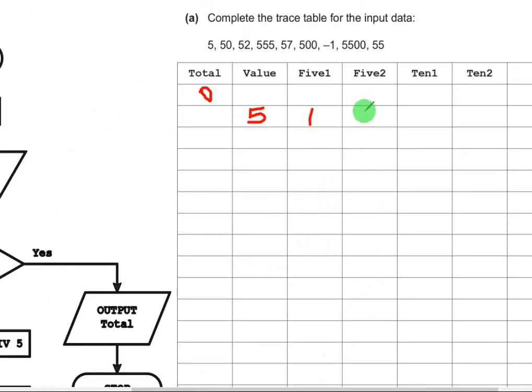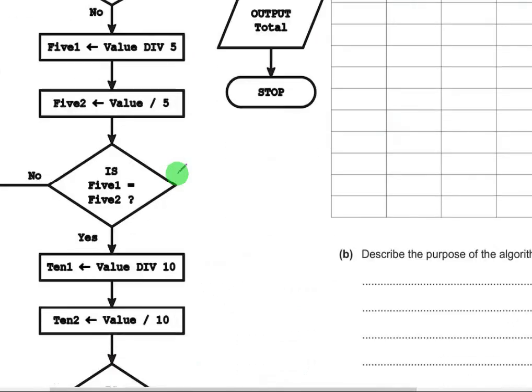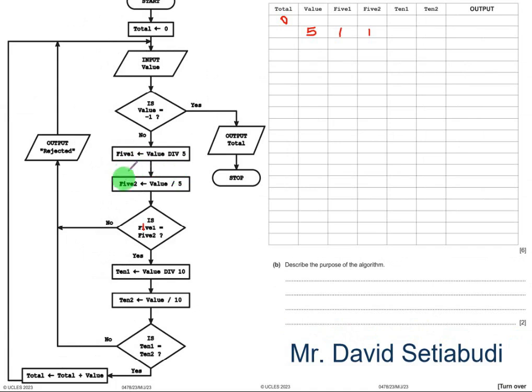Then there are 10 div 1 and 10 / 1. Let's go for the 10 div 1. What does it mean? Is 5 div 5, which is 1 just now, equal to 1? Yes, 1 is equal to 1.